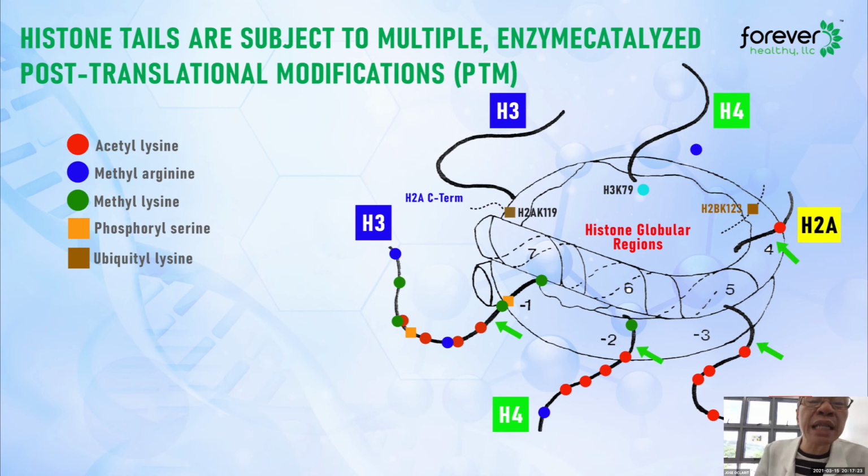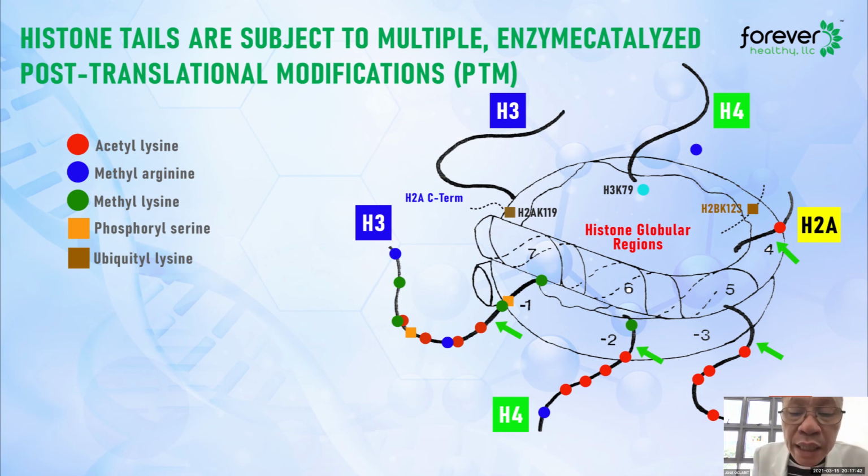So histone tails are subject to multiple enzyme-catalyzed post-translational modifications in order to allow the functioning of the gene. So you have your H3 tail, H4, H2A, H2B, H3, H4. You can see there those ball-like structures.